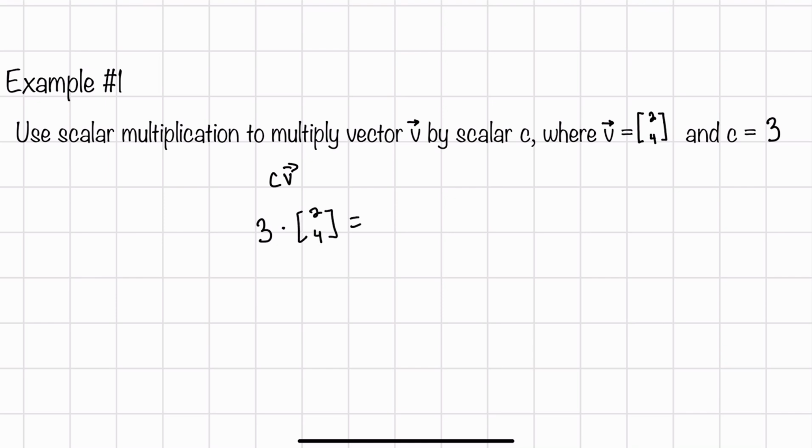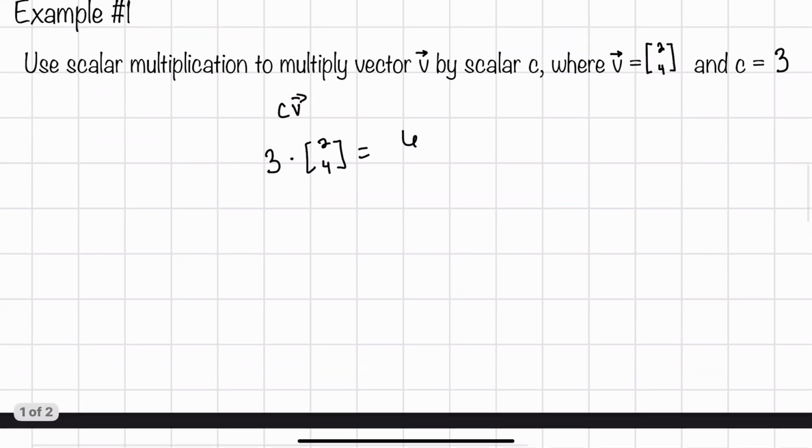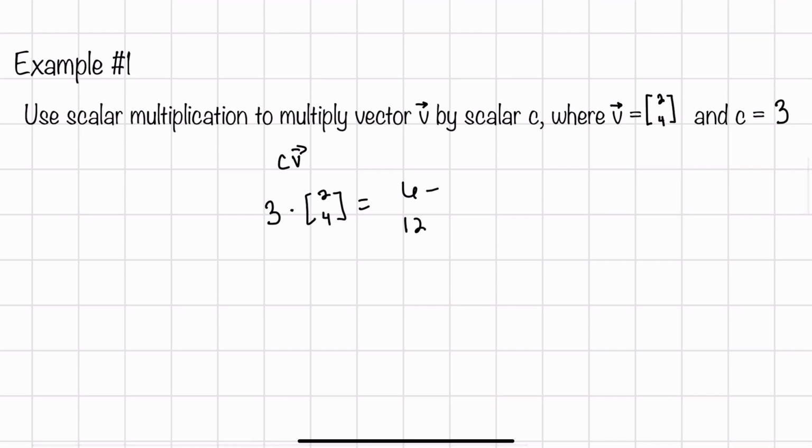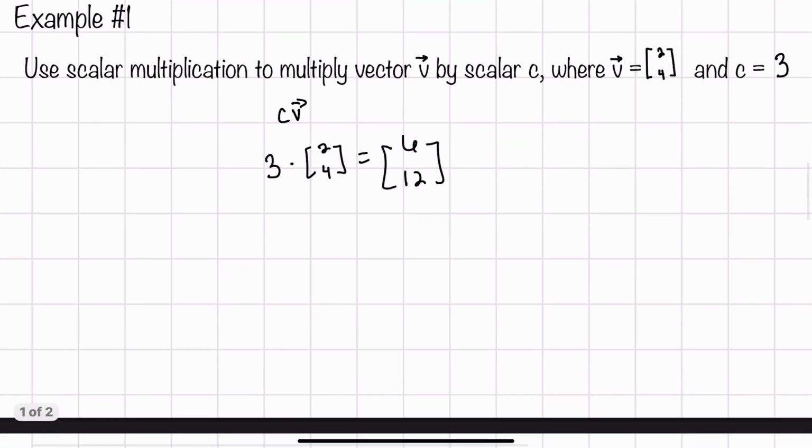So we would first multiply 3 times 2 to get our first entry, and that is 6, and then multiply 3 times 4 to get our second entry, which is 12. So 6, 12 is our vector multiple of 2, 4.